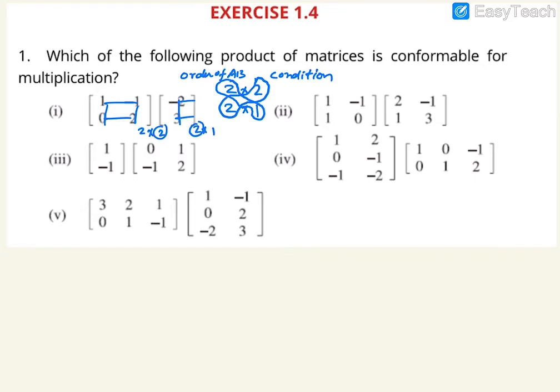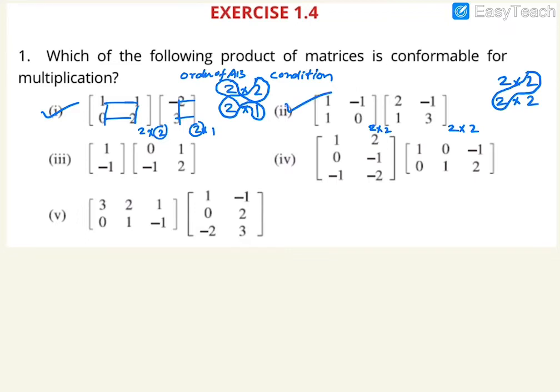So the first part is conformable for multiplication. Look at the second part. The order of the first matrix is 2 into 2 and the order of the second matrix is 2 into 2. Write here the order of the first matrix and the order of the second matrix, and check this one. This is same, so it means this one is also conformable for multiplication.